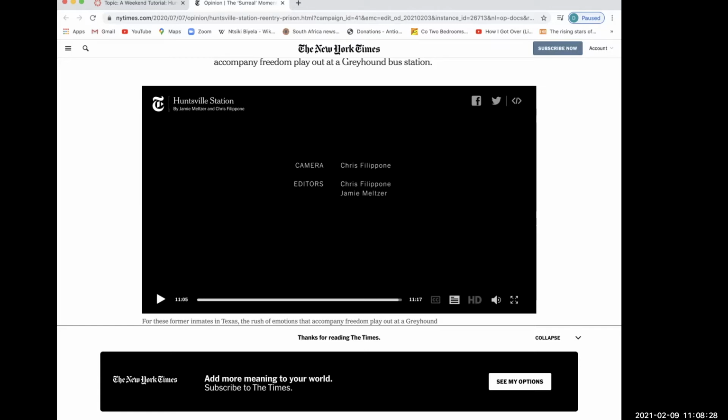There are many ways to tell a story: chronologically, or to highlight the most important information, and then bit by bit through the eyes of other characters, like we saw in Huntsville Station.